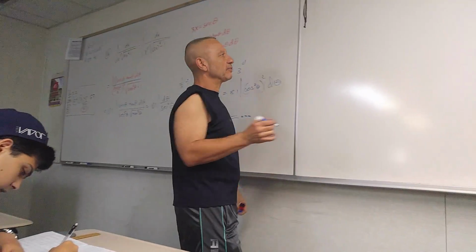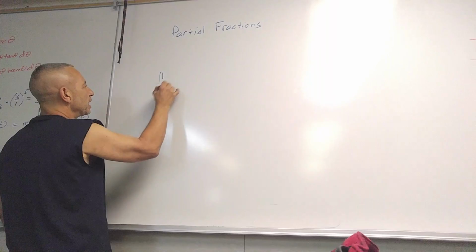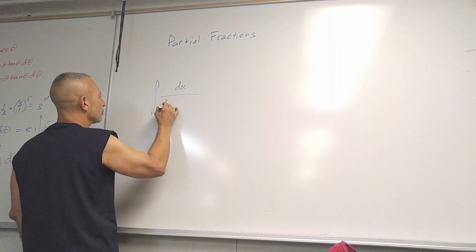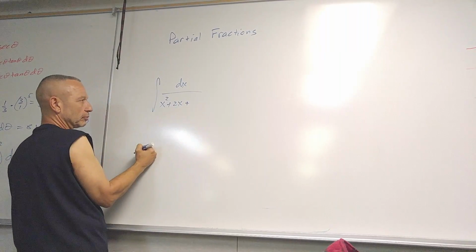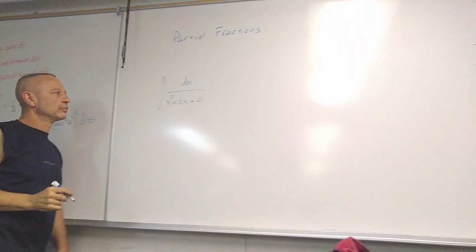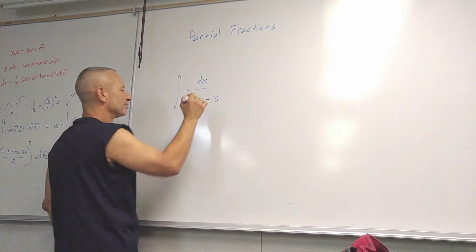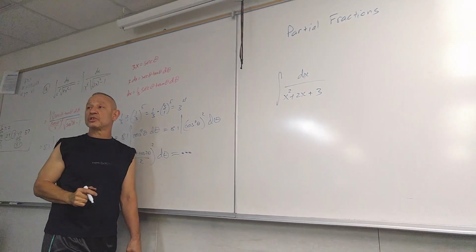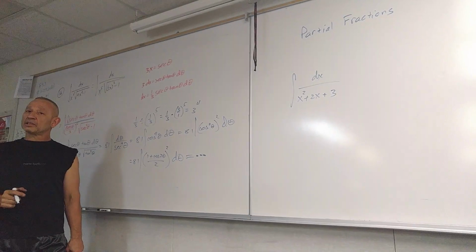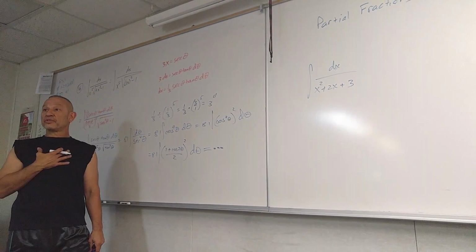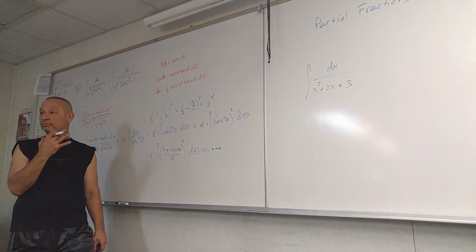Any quadratic factor. Like suppose somebody asked us to integrate this. That's a trig substitution. Now, it may not look like it to you yet, but it is. We realize that that is a prime quadratic.